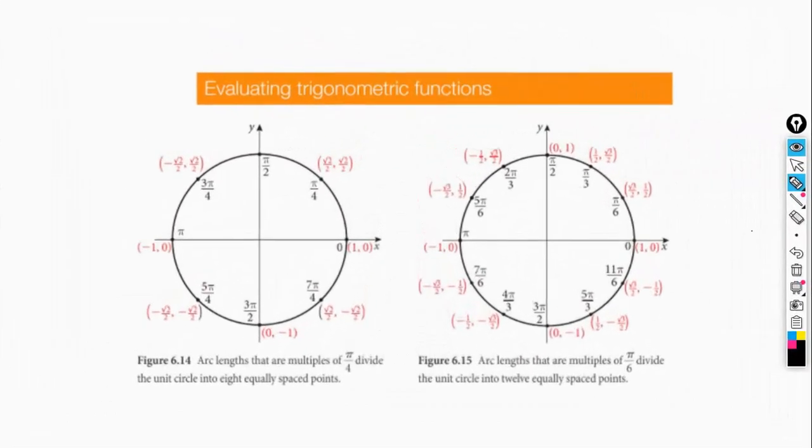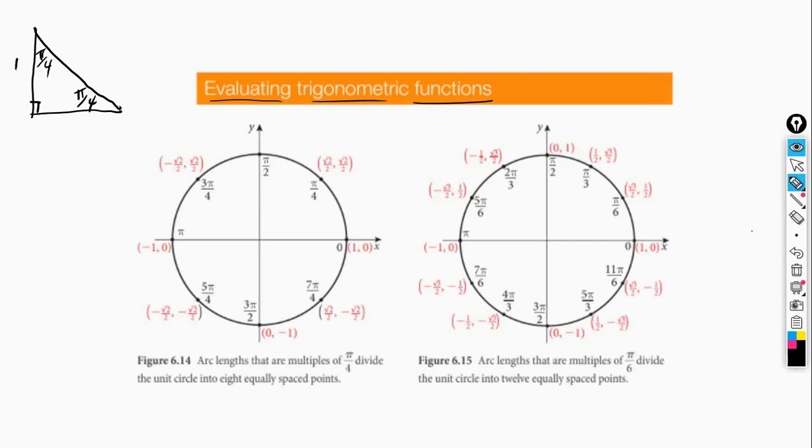So in the next slide, you're going to find evaluating trigonometric functions. Before we go to these unit circles, let's remember something. If we have a right triangle with two acute angles that are the same, in other words, 45 degrees, or in radians, pi over 4 and pi over 4, remember that there's a ratio for the sides, the legs and the hypotenuse.